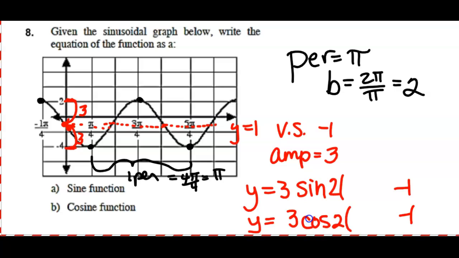Now, this one has a lot of options. If we are doing it as a sine graph, I would say it would be easiest to say it started here, but we'd have to figure out what that is. Actually, it would be here, sorry. But we got to figure out what this x coordinate is. Halfway between 1 pi over 4 and 3 pi over 4 would be 2 pi over 4, which would actually reduce to pi over 2.